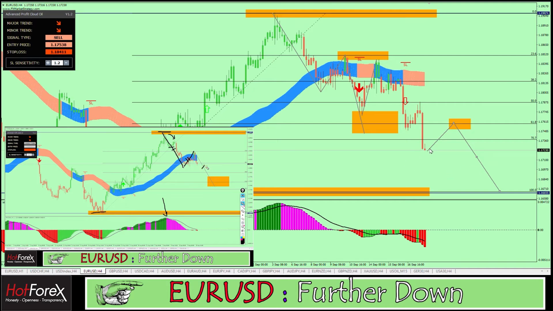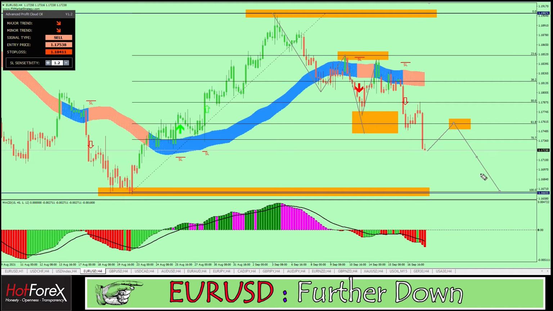Can this continue all the way down here? Yeah, it can. No one is going to say it can't happen, but see here, after you get this, you need a correction. So there are 2 options. We can drop here, so if you're in a sell position you can just hold it. But the second option, and I would like this one, we get an up move first, to this level or that level.